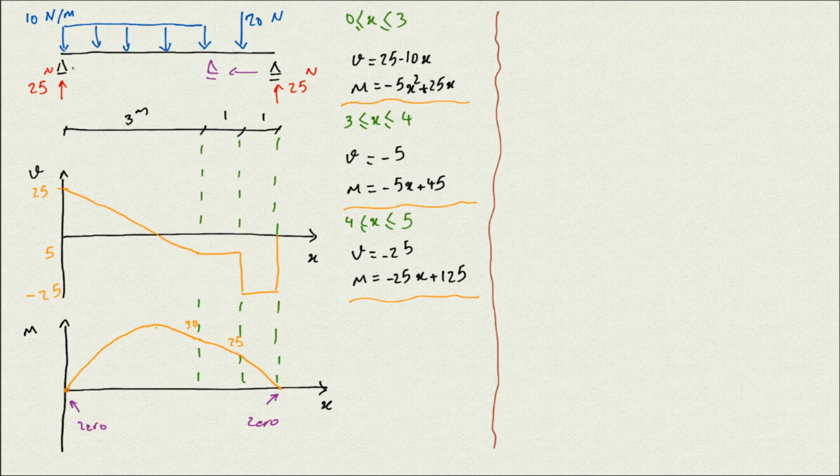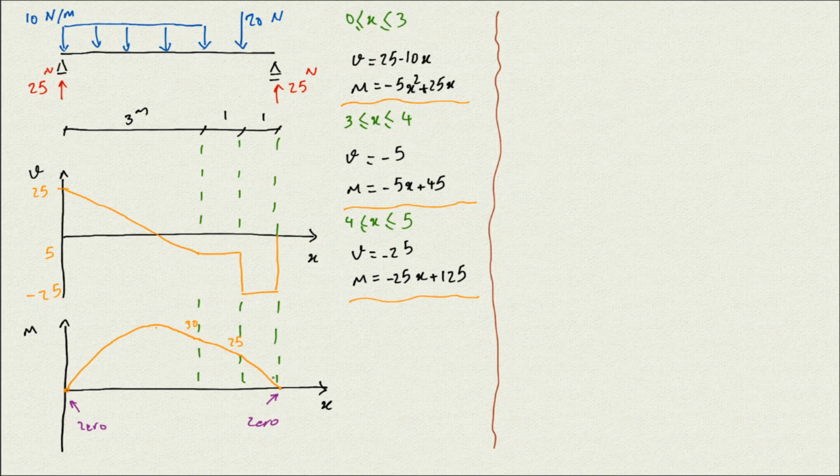If we have a roller support or pin support at the end of the beam, at those locations the moment is going to be 0. So that's one point: if you calculate anything but 0 at these points, then we would know that something is not right.